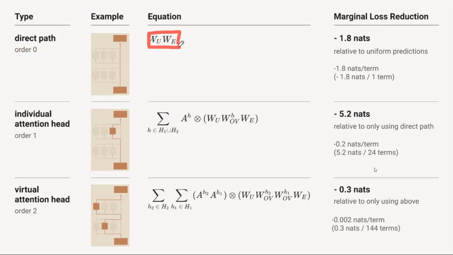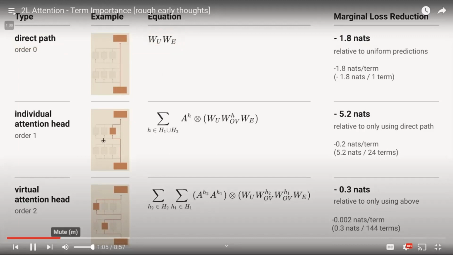Can we stop for a sec? Just because I'm stupid, what's a nat? I was worried you were going to ask that because I can't answer it super easily. Okay, so we all know what bits are, right? In information theory, you might have heard somebody say we can compress this, this is 5 bits of information. By convention, when we talk about bits, we're talking about base 2 information.